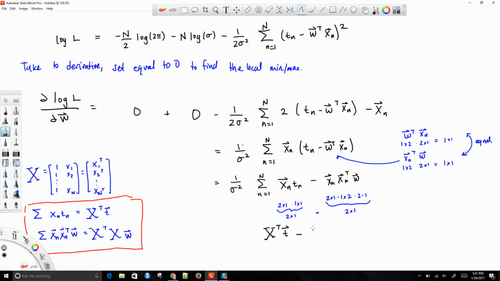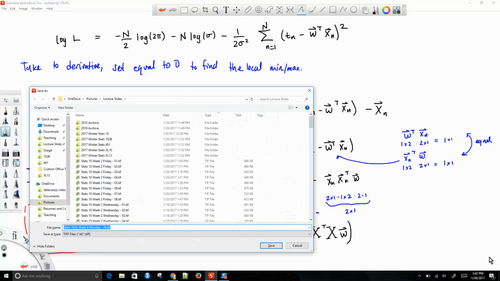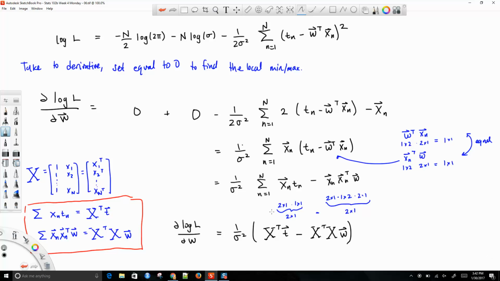Okay, and so this becomes x transpose x w times 1 over sigma squared. This is my derivative of the log likelihood. Now I want to set this equal to 0, and then we're going to solve for w.